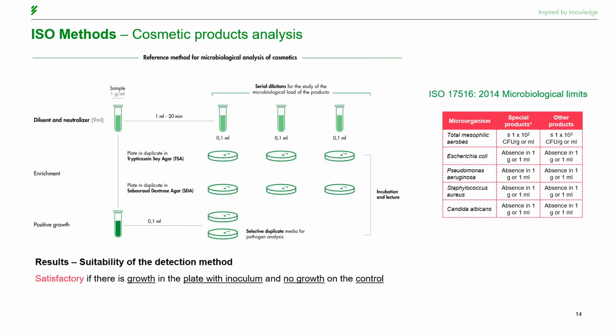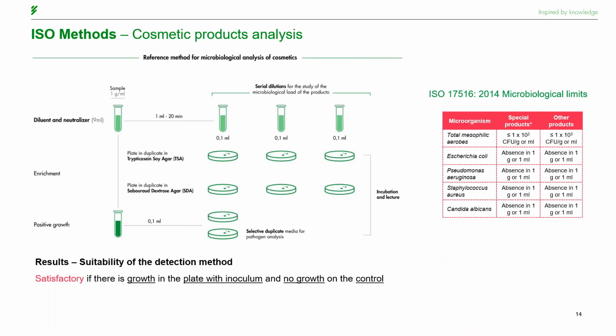It is inoculated in the selective medium, and as a control, we have an uninoculated plate. The detection method is successful when there is characteristic growth of the organism on the inoculated plate, and also if there's no growth on the control plate, which is the uninoculated plate. On the other hand, if we find growth on the control plate, it means that the product was contaminated.